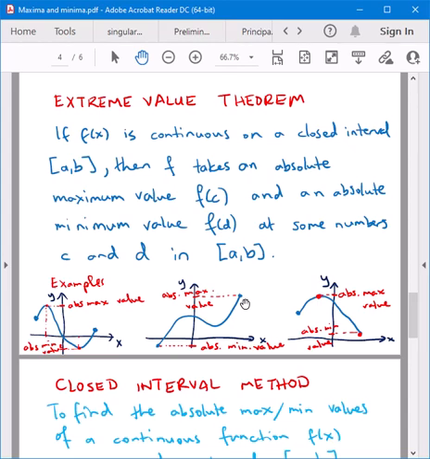So absolute maximum and minimum can be in the interval or at the endpoints. Or look at this third picture, which is the rightmost one. The absolute maximum value is happening in the interval, but look at the absolute minimum value. It's happening at one end of the interval. So it can happen anywhere in the interval or at the endpoints of the interval.